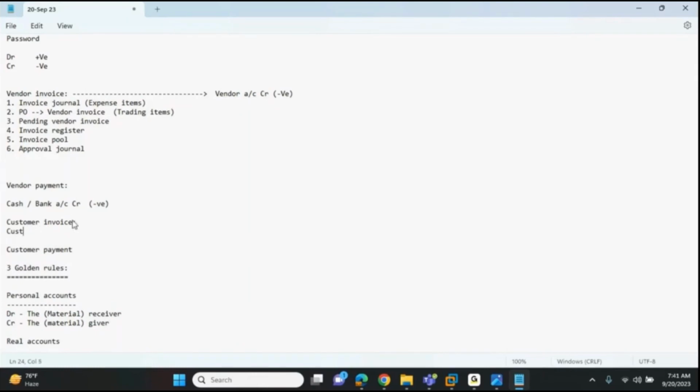So at the time of customer invoice, customer account will be debited. Because my money is with the customer.